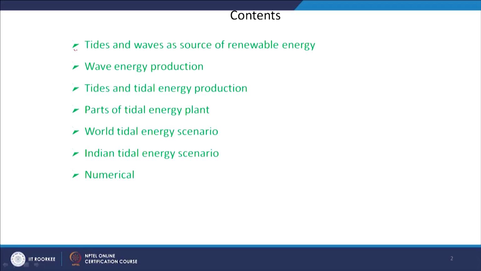Hi friends, now we will start discussion on the topic tidal energy. Like wind, the tides and waves can also be used for the production of electricity, and in this class we will discuss tides and waves as a source of renewable energy, wave energy production, tides and tidal energy production, parts of a tidal energy plant, types of tidal energy plant, world tidal energy scenario, Indian tidal energy scenario, and one numerical.